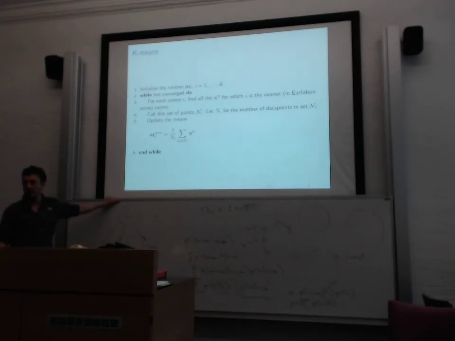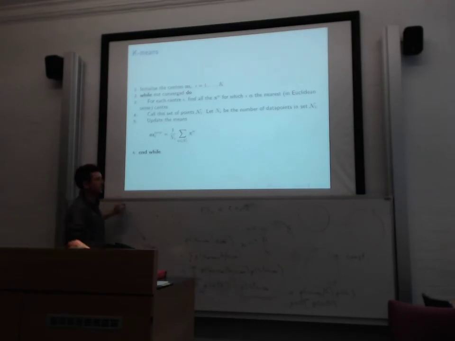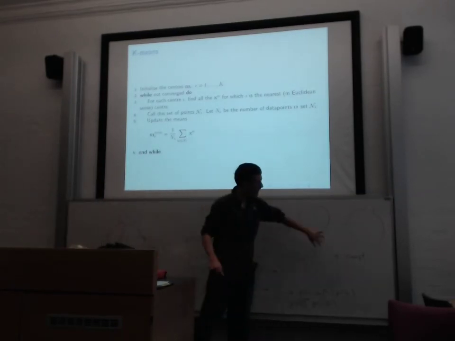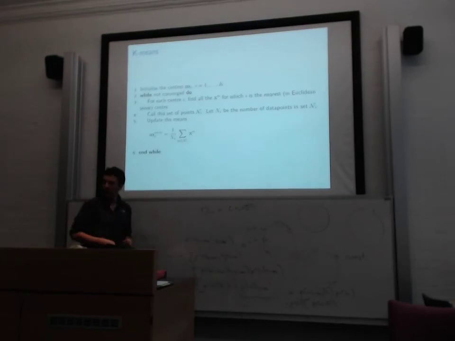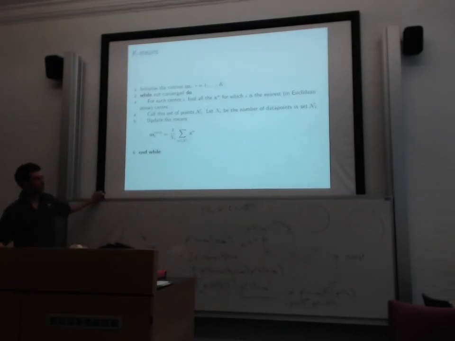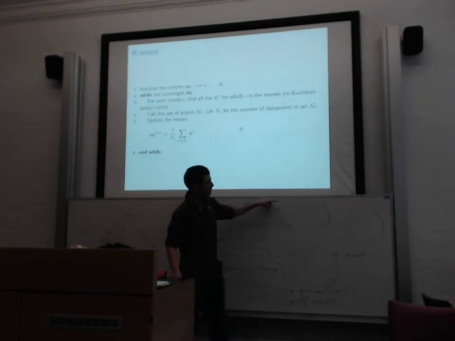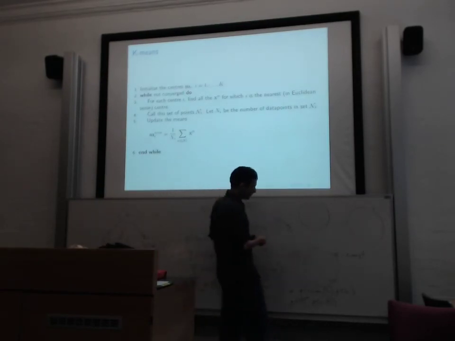So you simply randomly assign these centers anywhere that you like, and then for each data point, I find the closest center. So maybe I've got a data point here.